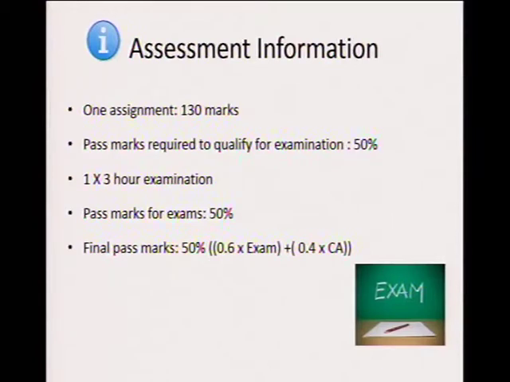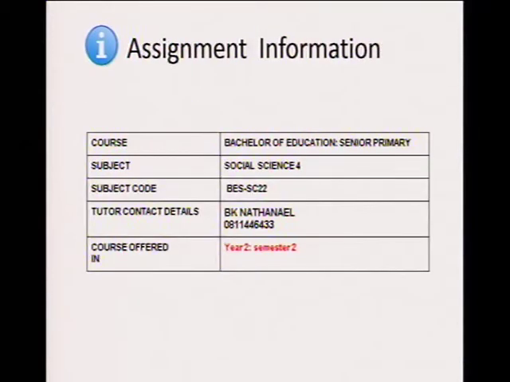When you pass that exam, we compute your final marks as 60% from the exam and 40% from the CA, and put together that gives you your final marks. That's exactly the screenshot from your cover page, so there is not much more to it.